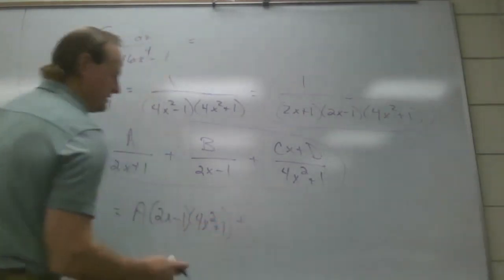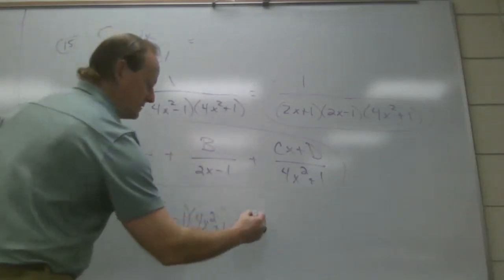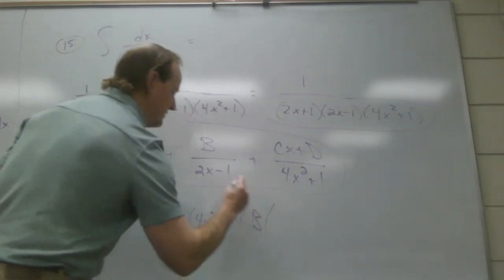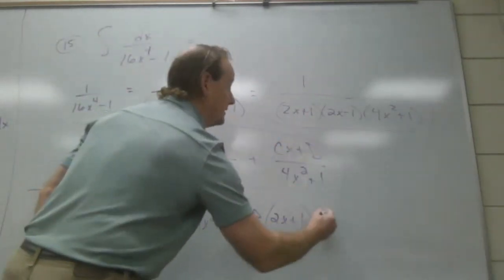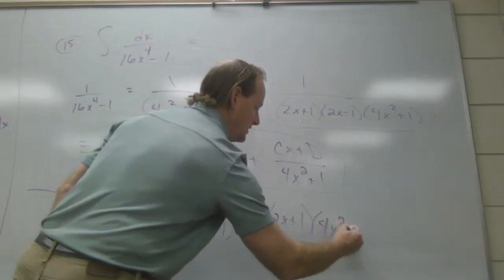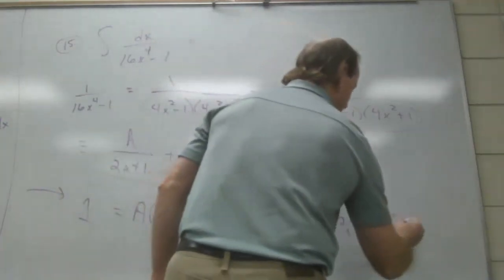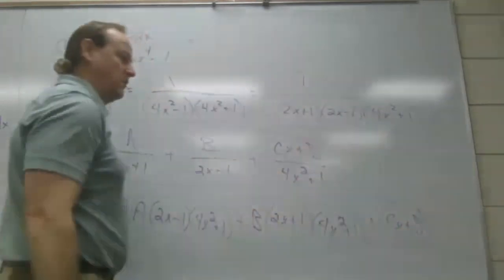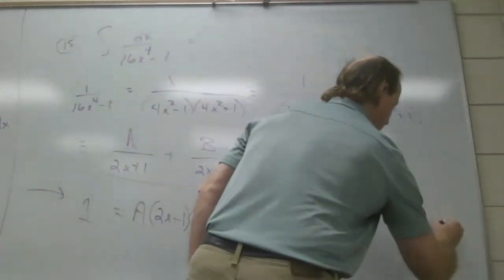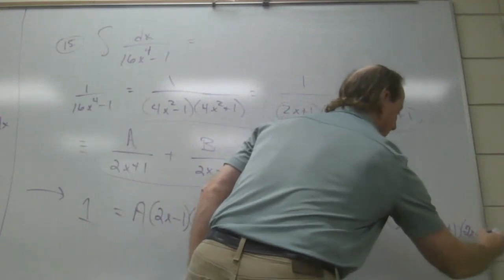And then plus, when I multiply that denominator through by B, the middle one cancels, and I'm going to have B times the quantity 2x plus 1 times 4x squared plus 1. And then plus Cx plus D times, now the 4x squared plus 1 cancels, so it's going to be times 2x plus 1 times 2x minus 1.